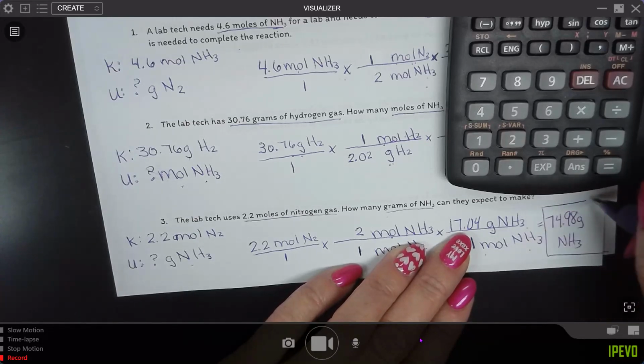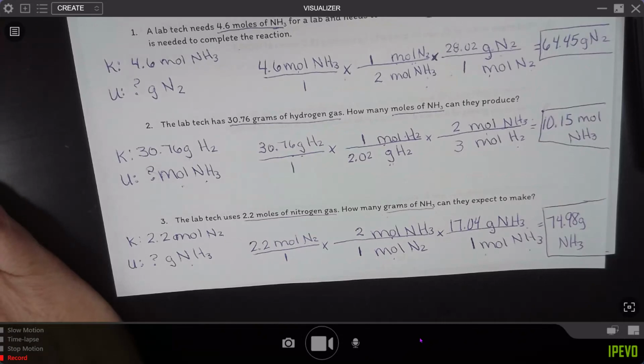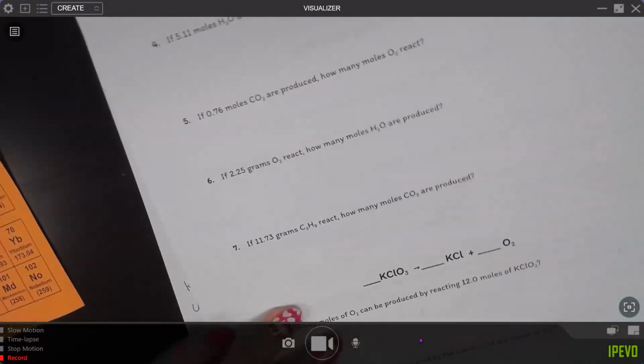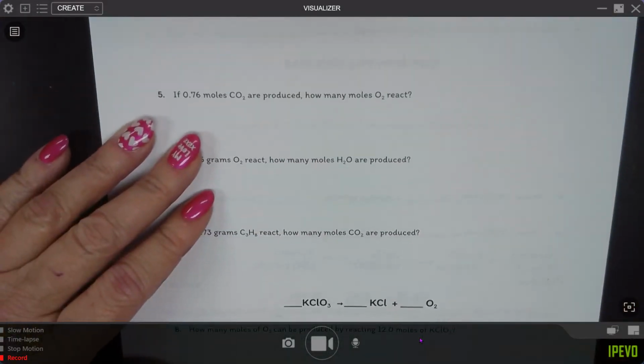All right, and there you have it. That is just some examples of how to use the mole map to solve these stoichiometry problems. Let me just point something out on the back side of this. And you know what, maybe we'll do another one of these, just because it's a little bit different and I want to make sure that you've seen everything.